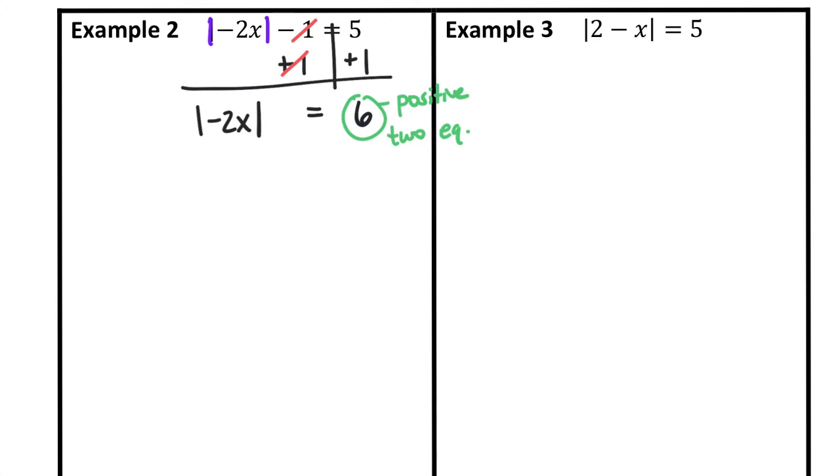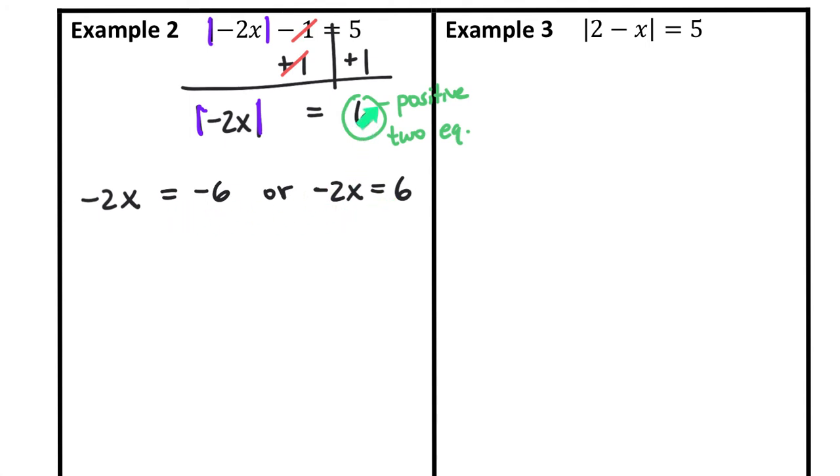I'm just going to copy what's inside the absolute value, so it's negative 2x. Actually, let me put this in purple. I'm taking what's inside the absolute value, what's inside the purple, and setting it equal to a positive and negative version of what it's equal to. So we're either going to work with negative 2x equals negative 6, or negative 2x equals positive 6.